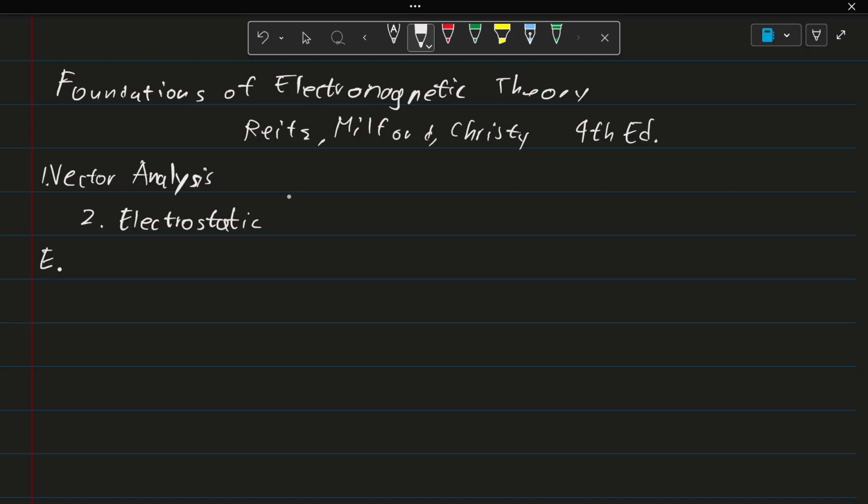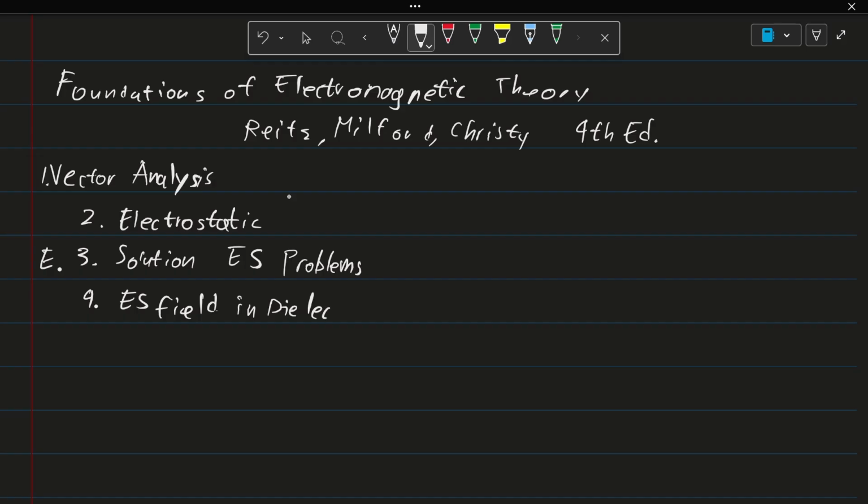After that, we'll be talking about the solution for electrostatic problems. So there are tons of these problems that are already widely known, and so we'll be discussing most of them in this chapter. After that, we'll be discussing about the electrostatic field in dielectrics.